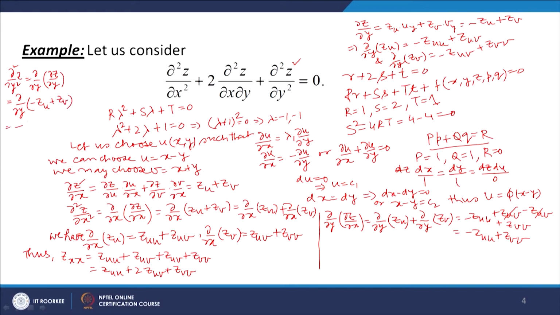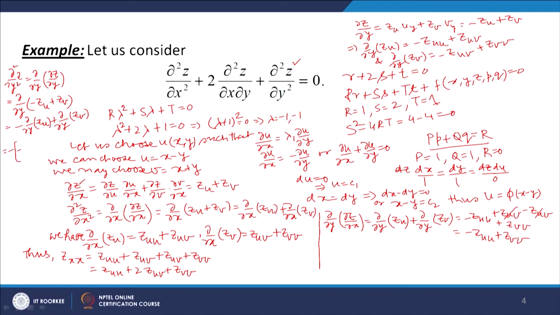So this is minus this. In order to find the partial derivative of z_u with respect to y, replace z by z_u there.